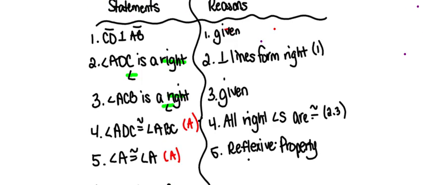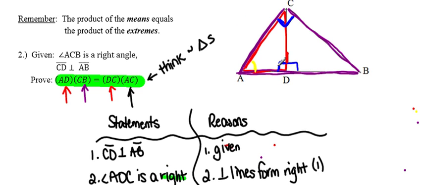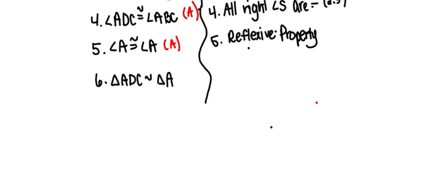Angle D in the red triangle, if I flip back up and look at the picture, was the right angle. So the right angle that's going to correspond to that in the purple triangle is angle C, which is going to leave angle B for the last vertex. I'm going to cite statements 4 and 5 because that's where I had my pairs of congruent angles.